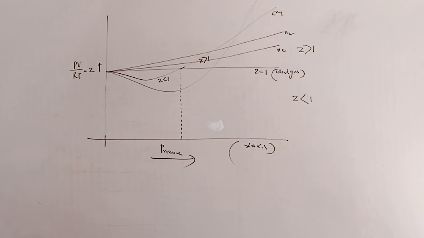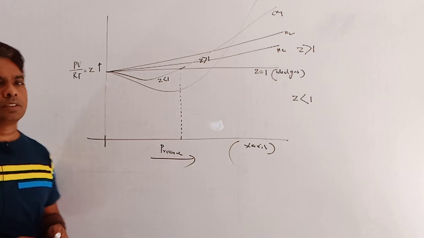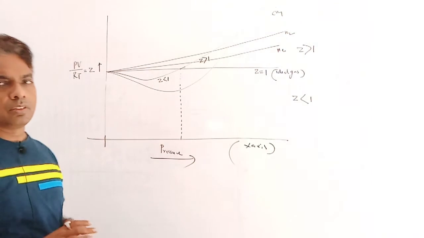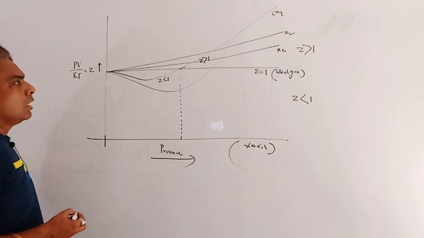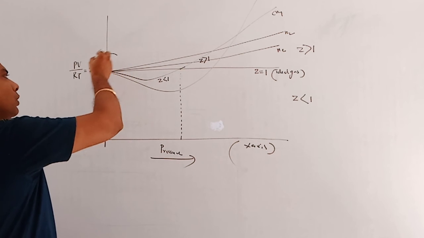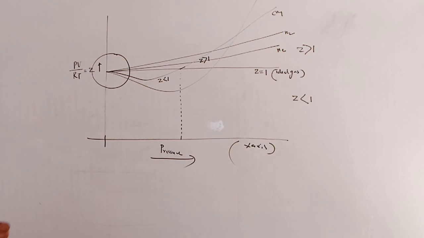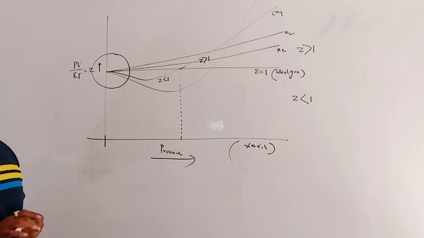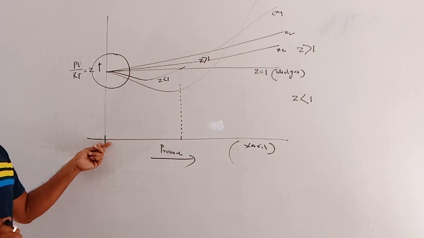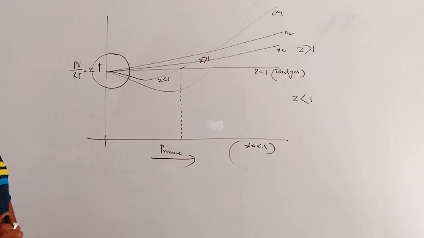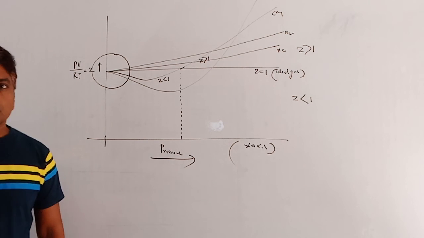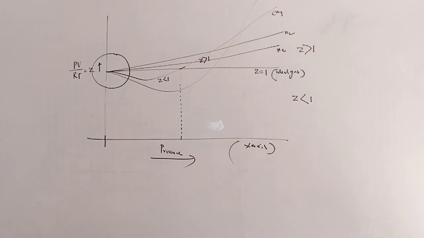So at different conditions of pressure, the value of Z varies in case of real gas. But according to this graph, at very low pressure range, all lines overlap with each other, which shows that all gases behave as ideal at very low pressure. Clear? So here is the graph between Z versus different ranges of pressure.